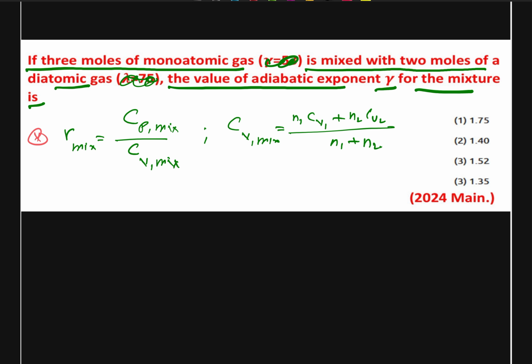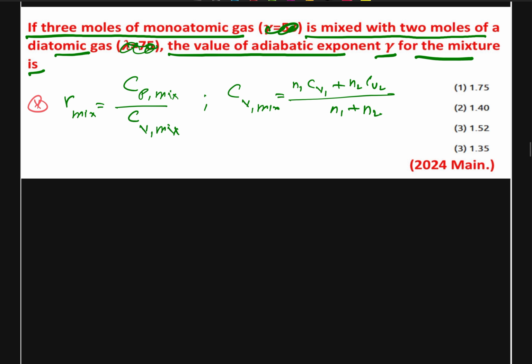We are going to find out the C of V, then we can easily find out C of P also, because that is only plus R.